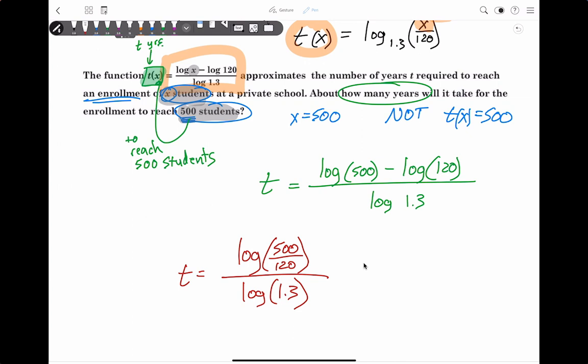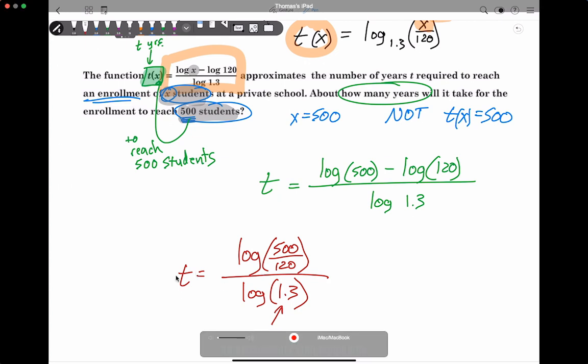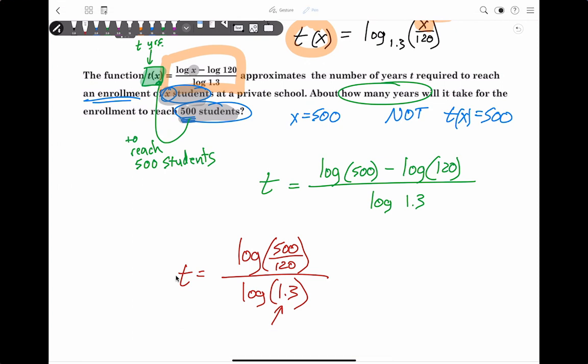We actually can't do these numbers primarily because this decimal is here. But if I go to my calculator, I could put this in and it would give me the answer for t. Or I could even do a change of base formula. We've done this before: log base a of b is the same as log b over log a. There were a couple videos a couple days back.